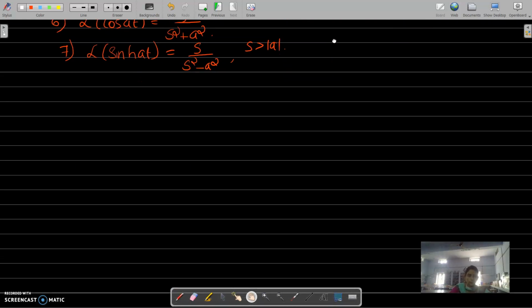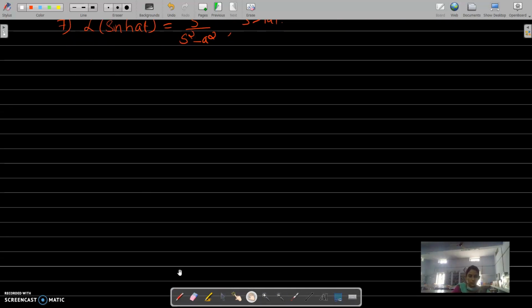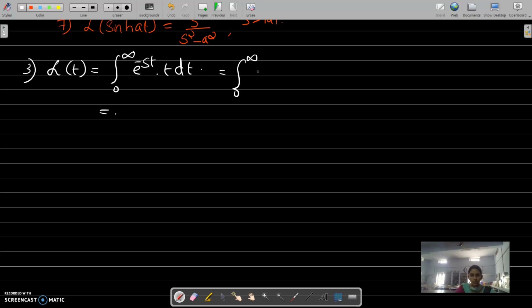Next, we can consider what L of t is. The Laplace transform of t is equal to the integral from 0 to infinity of e raised to minus st into t dt. So I am writing this as the integral from 0 to infinity of t into e raised to minus st dt.